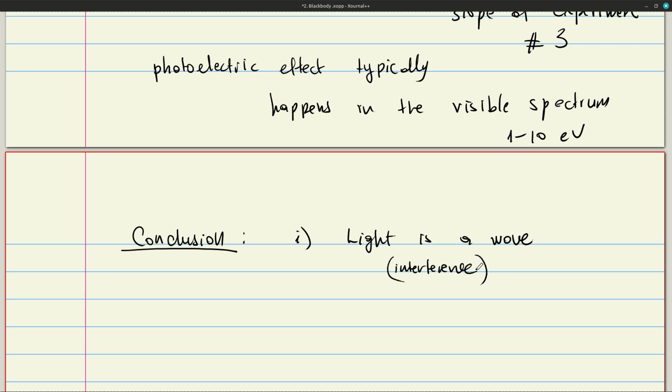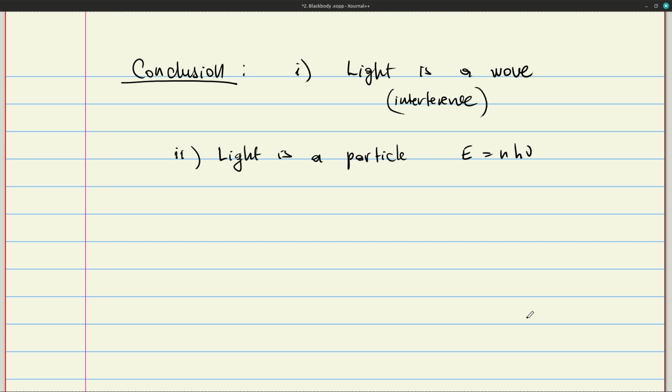Young double slit experiment. And it also gives diffraction, which is a wave phenomenon. But also, light is a particle. Why? Because E is equal to n times h nu. It comes in little packages of energy, as in particles.